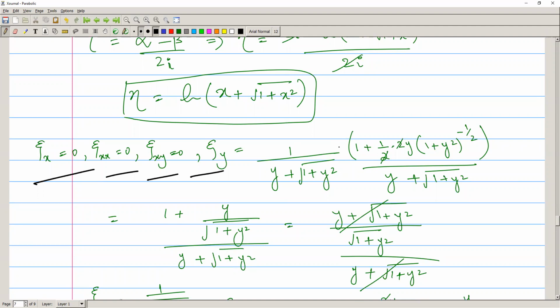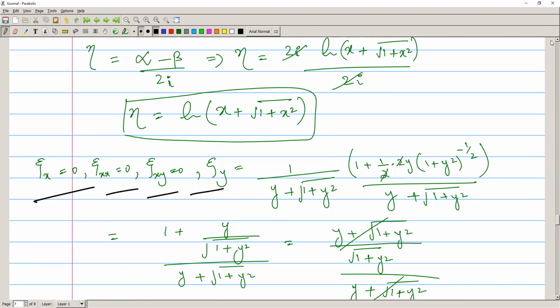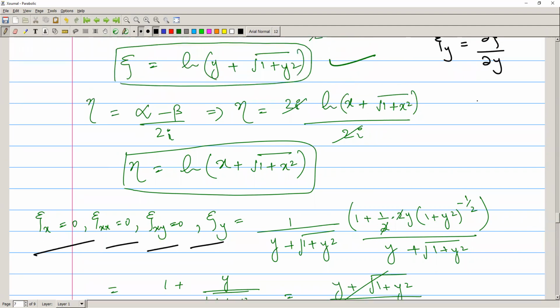When we differentiate this function, we know that the derivative of ln x, that is d over dx of ln x, equals 1 over x, right?